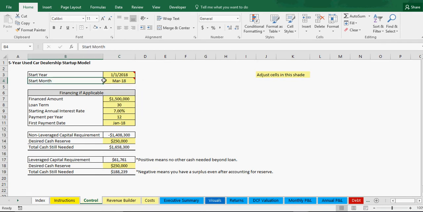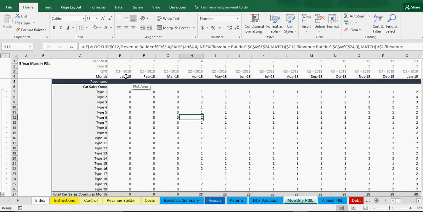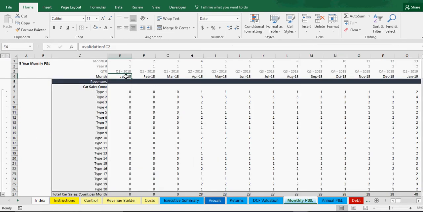The start month is going to define this first month. And then there's also going to be definitions for when you actually start revenue.